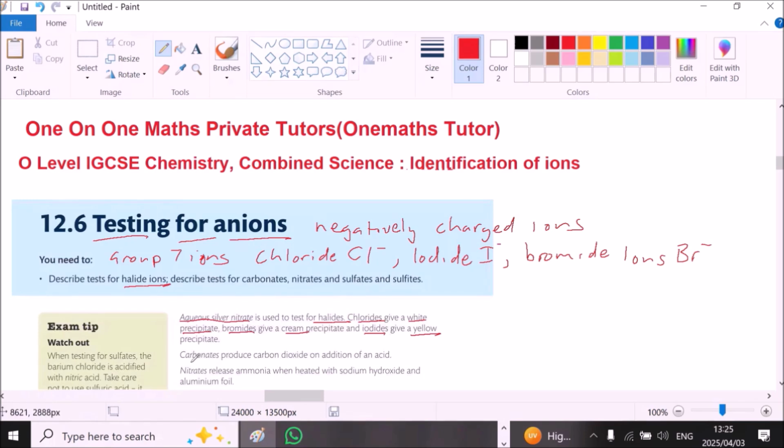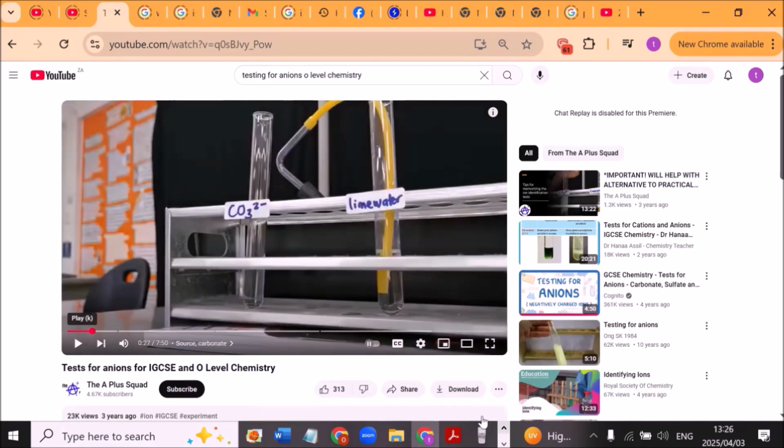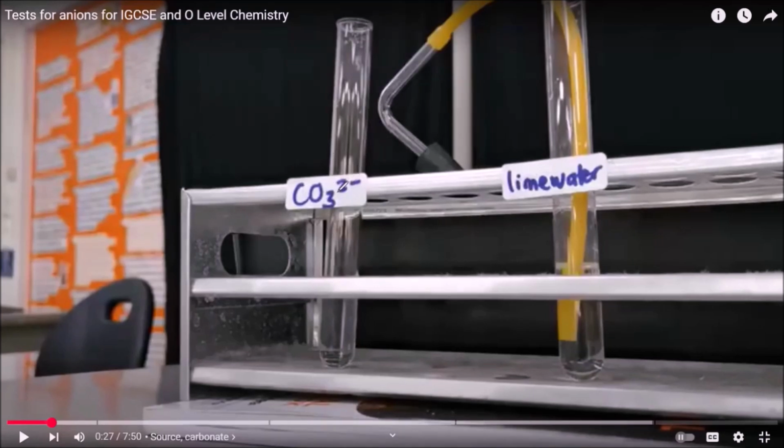Now, carbonates produce carbon dioxide on addition of an acid. So we have a solution containing carbonate. Carbonate reacts with any acid to produce carbon dioxide. So we are going to put an acid into the carbonate containing solution, then tap off the gas produced into lime water.